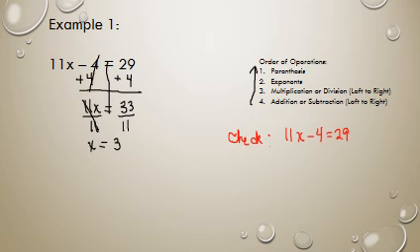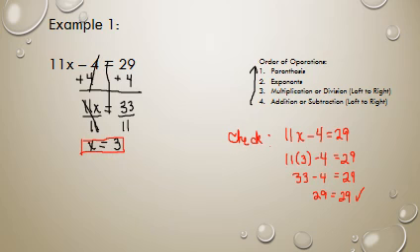So I'm going to substitute that 3 for the x, so that gives me 11 times 3 minus 4 equals 29. That gives us 11 times 3 gives us 33, and then 33 minus 4 is 29. So this does check out. It is the correct answer.